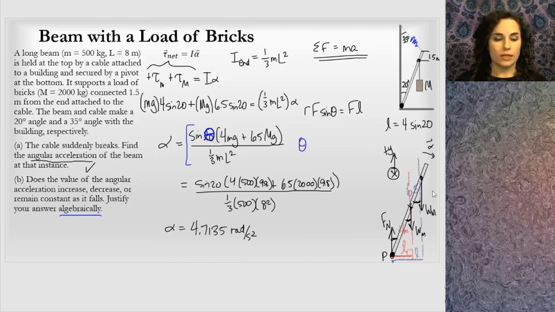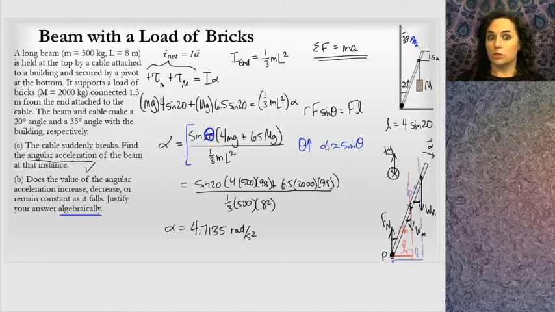So I can say that theta is actually increasing, right? It's becoming larger. It goes from 20 and then goes larger. So I know that theta is increasing. And alpha is dependent proportionally on theta. So I can say alpha is proportional to sine theta. So as theta increases, sine theta will increase. The maximum is at 90 degrees when sine theta equals 1.